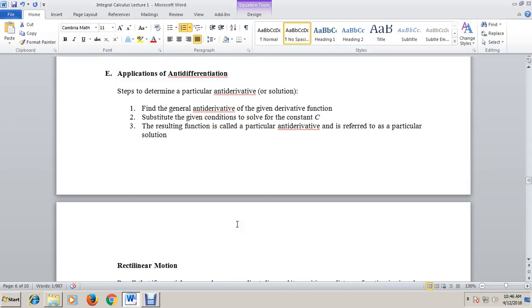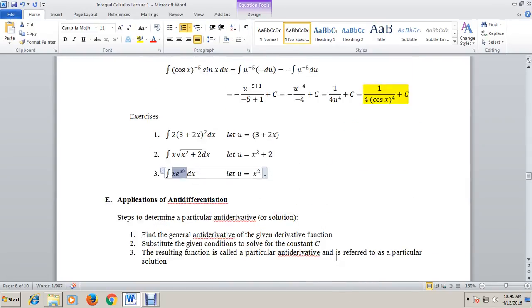What we have done in the previous examples is that we look for the resulting integration wherein we attach the plus c constant where c has no definite value. That is why it is called the indefinite integral. Now for applications, of course, the value of the constant c has a particular interest.